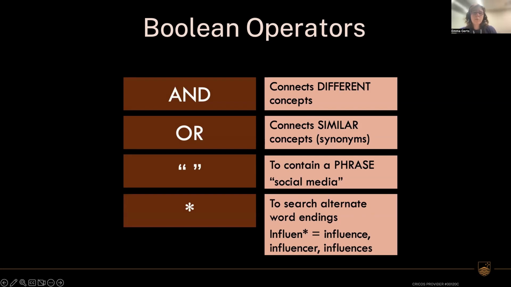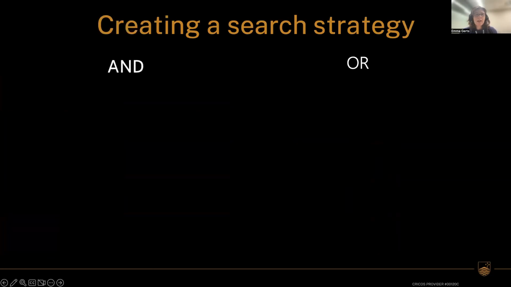So essentially, if you want to capture multiple different word endings, say you're searching for influencers and you wanted to search for the word influence and also influencer and also influencers, you could put the truncation symbol there and it will search for those multiple word endings. So it's a little bit of a more complicated searching technique, but it can be useful in certain circumstances. So basically, the two that you really need to worry about are these AND and OR operators.